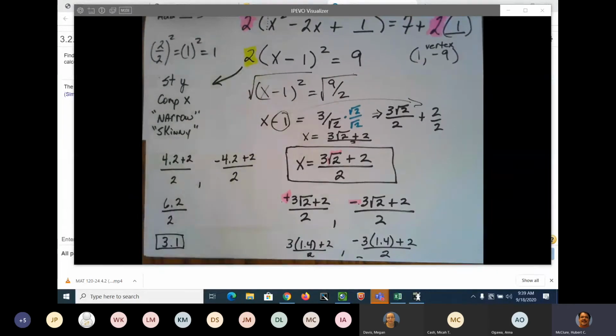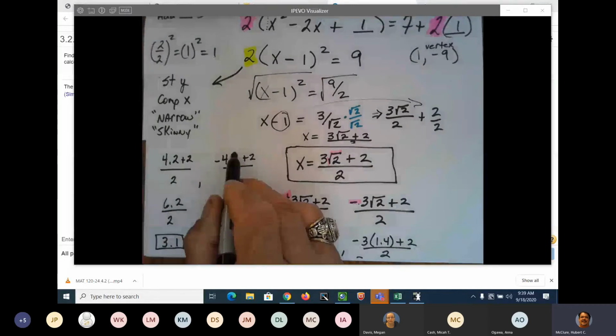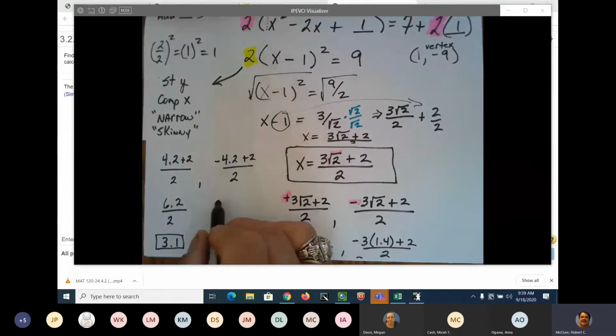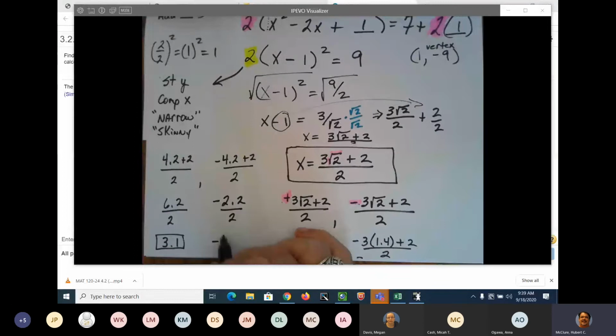So that's one x-intercept. Negative 4.2, you owe $4.20. You give that person $2, you still owe them $2.20. Divide that, and that's negative 1.1.